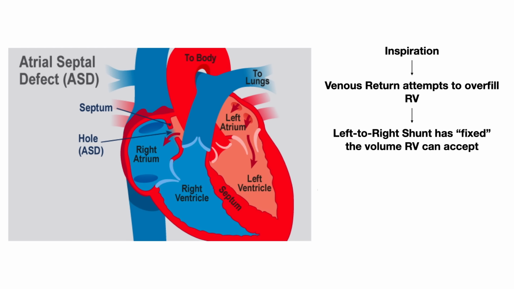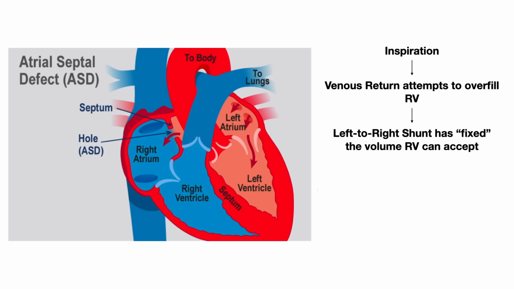So even if for a split second that right ventricle could put more blood through the pulmonic valve and cause a delayed pulmonic valve closure, it wouldn't really matter what you did or what the patient did during inhalation or exhalation, because eventually you're going to get equilibration between the left and right side of the heart, because that atrial septal defect is there, allowing that hole to pass blood and shunt blood from the left to the right side of the heart.